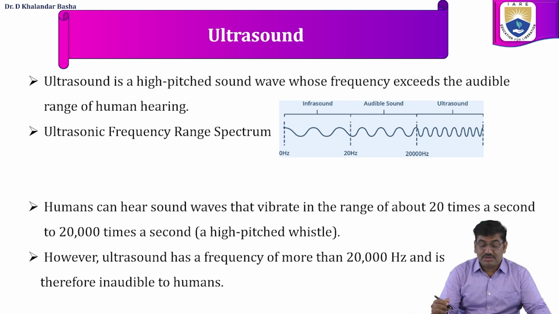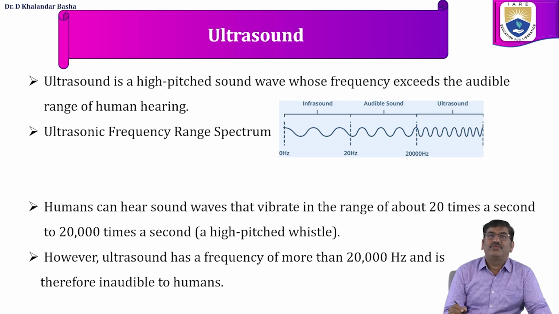The figure shows the spectrum of infrared, audible sound and ultrasonic sound. Ultrasonic sound has a frequency greater than 20 kHz, whereas we can hear audio if it lies between 20 Hz and 20 kHz.